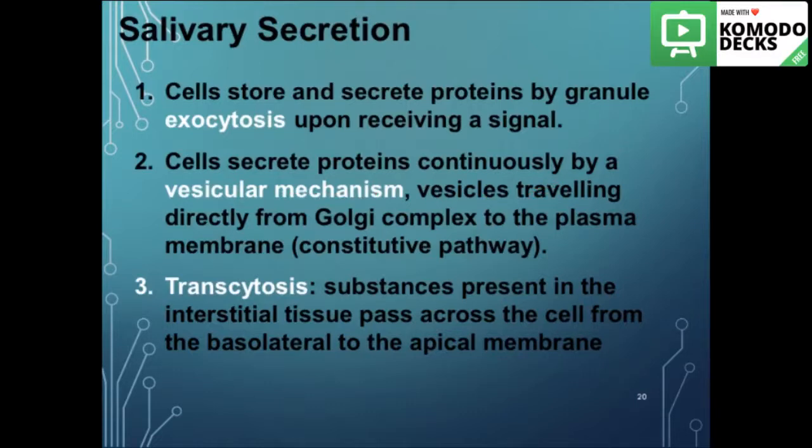And third is the transcytosis, wherein substances move from the interstitial tissue across the cells. So the saliva passes transcellularly and or paracellularly in between the cells into the lumen.